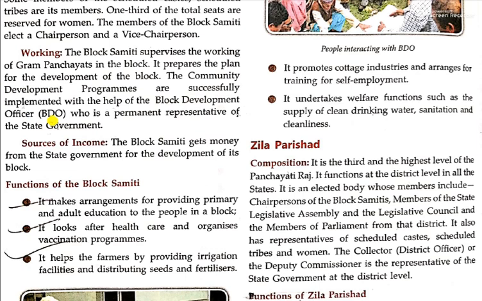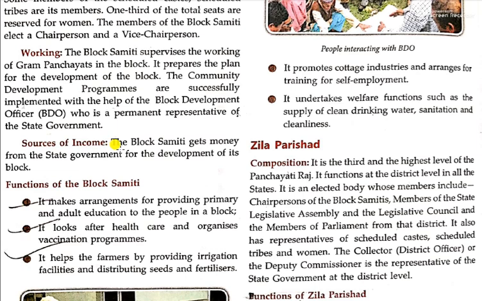He is sent by the state government to make sure that all the block development programs are successfully put into practice. So this is supervised by the block development officer.